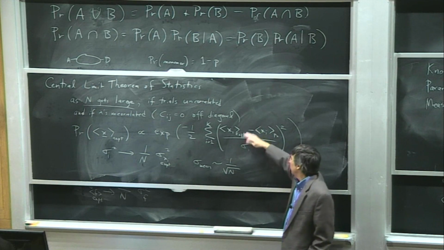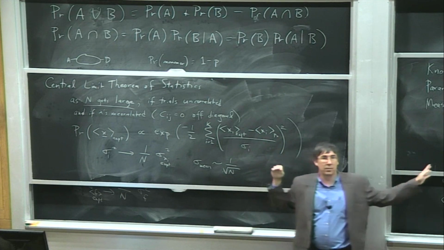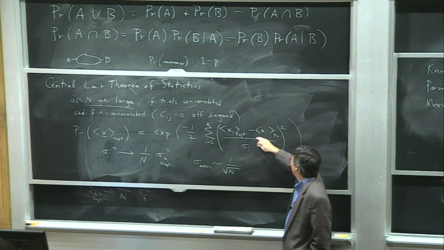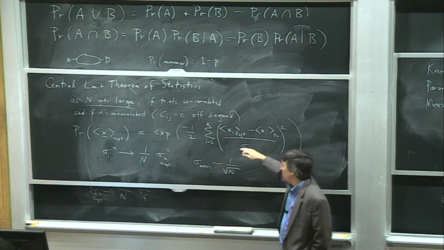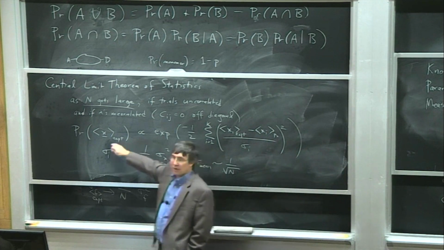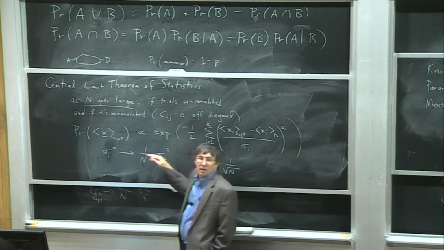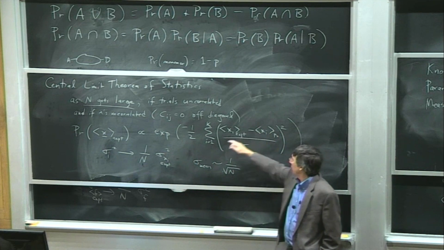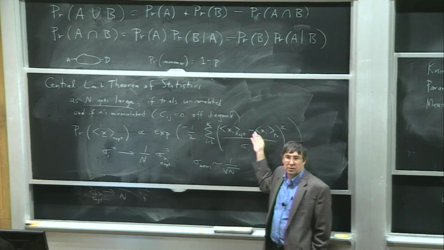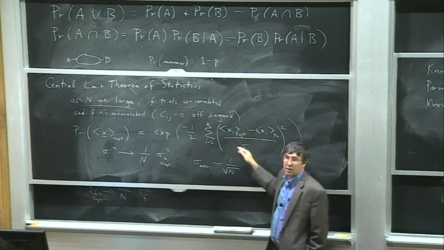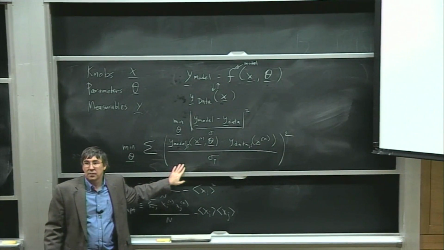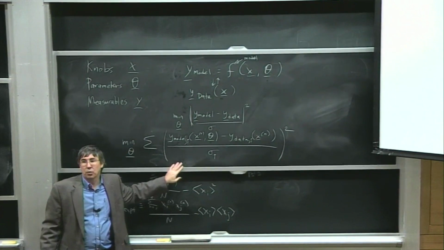And this is the motivation of where this comes from: I want the probability that I would make this observation experimentally to be maximum if this quantity in the exponent is as small as possible. So I'm going to try to minimize that quantity, and that's exactly what I'm doing over here. Is that all right? Okay, so next time we come back, I'll talk more about how we actually do it.